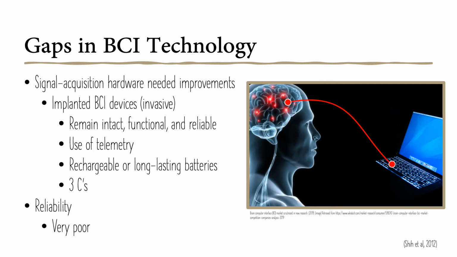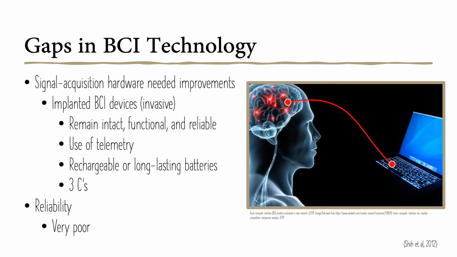Since these electrode arrays are so new, we haven't been able to have long-term studies indicating that they can remain functional over time. They also need to incorporate use of telemetry. A lot of these arrays may need an outside device to help the patient use the technology or the application that they're trying to use.